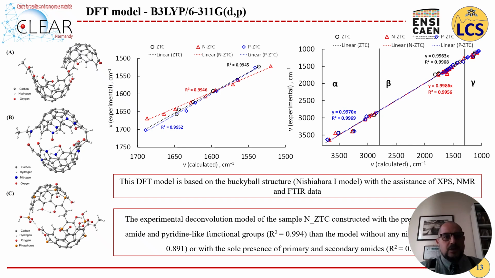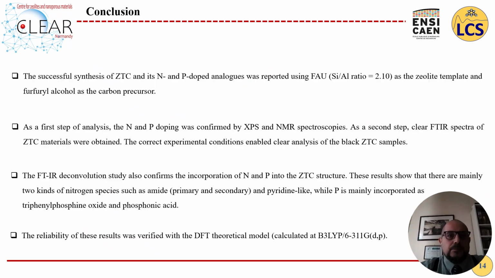These results confirm that a full assignment of nitrogen species in the FTIR spectra is only possible when combining the deconvolution with complementary data from NMR and XPS and theoretical modeling.